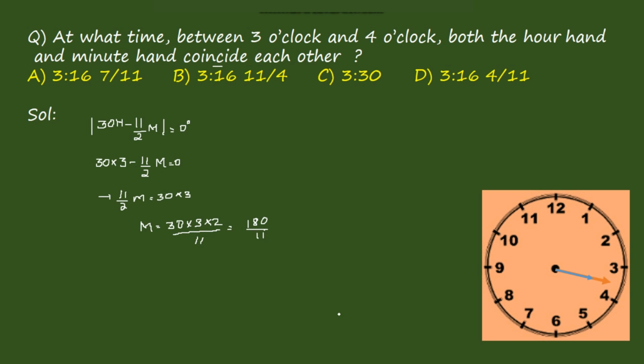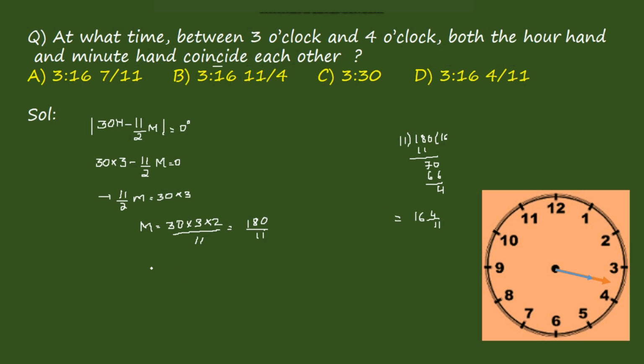Now dividing by 11: 11 into 180 gives 16, with remainder 4.